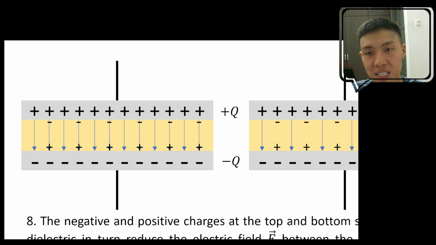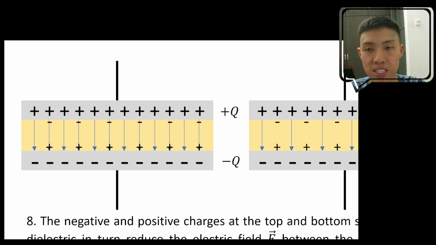So inside this dielectric material, there will be some uniform electric field produced due to the polarization. The polarization caused this upper negative layer and the lower positive layer, right? So these layers will produce another electric field, but this time in the opposite direction to the uniform electric field produced by the capacitor plate.